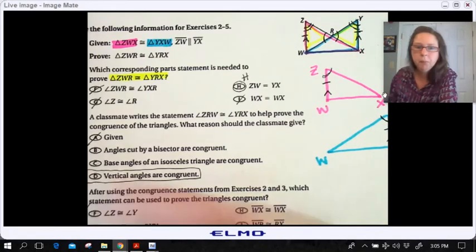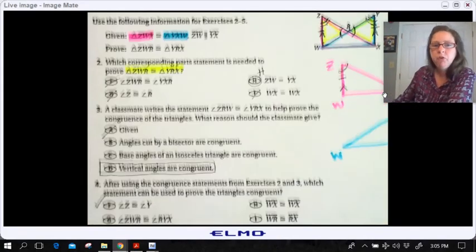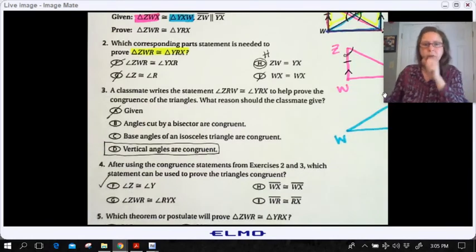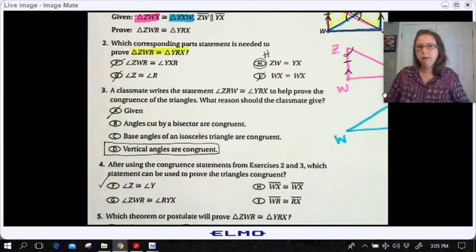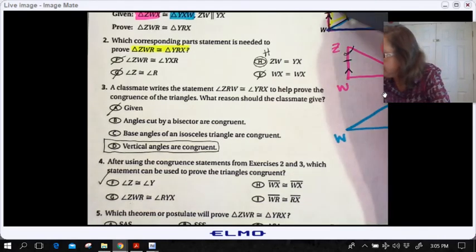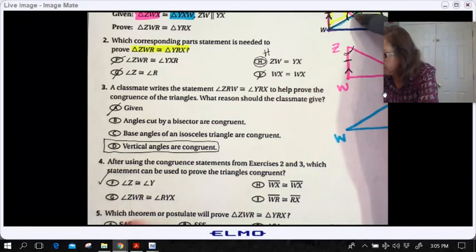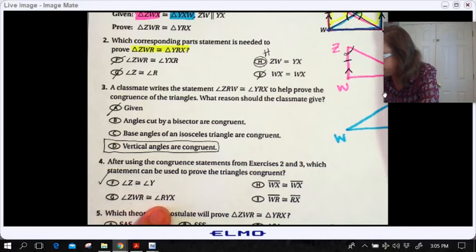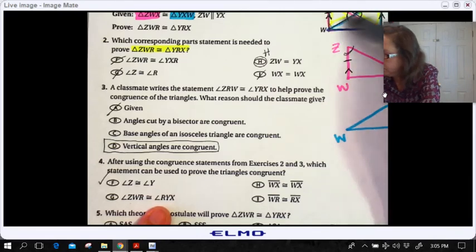That is a possibility. So I'm just going to put a check there. Let's check our other options. ZWR is congruent to RYX. No, because those are on opposite angles.